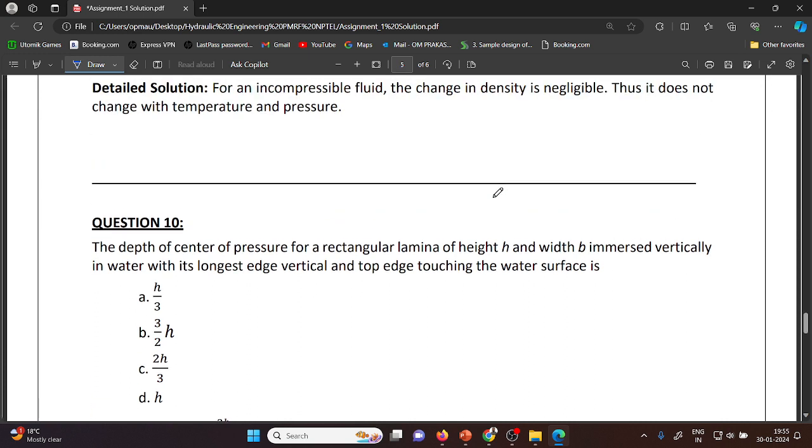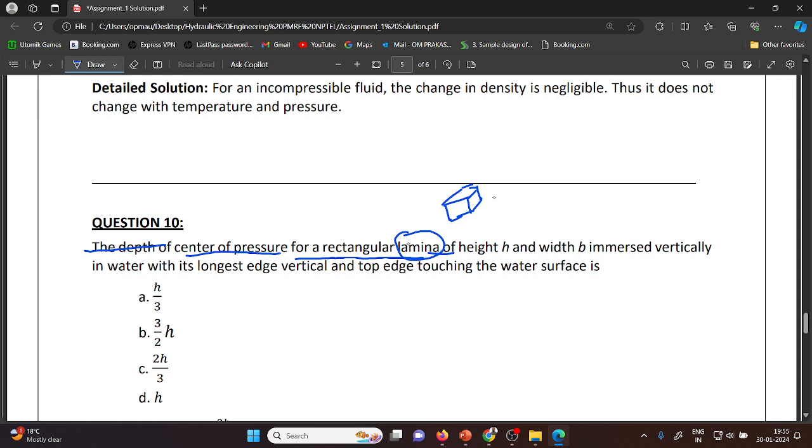Okay, the depth of center of pressure for a rectangular lamina. Lamina means, let's suppose we consider three dimensions, but in case of a lamina, only two dimensions are significant, and the third dimension is very small comparatively.